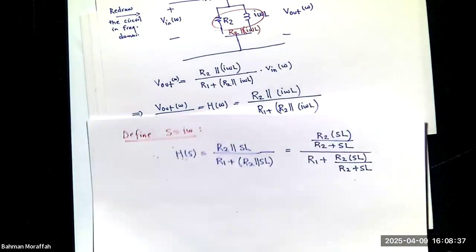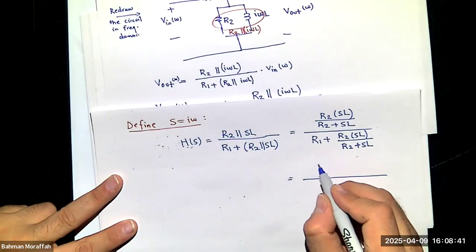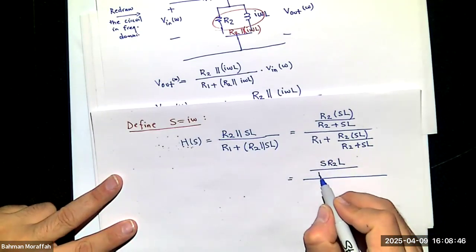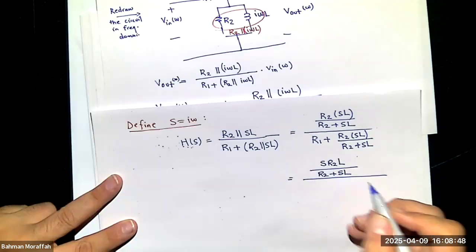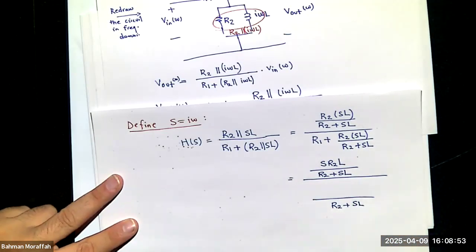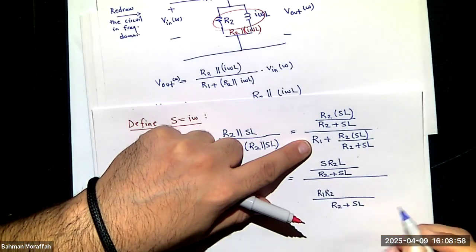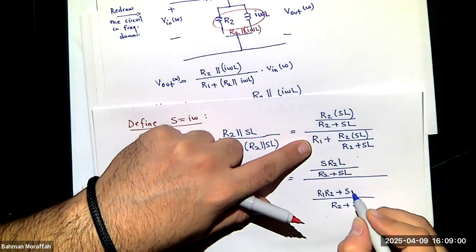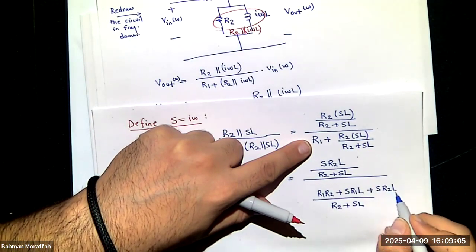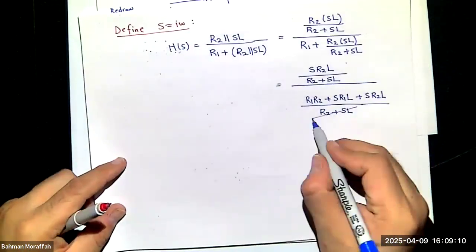Let's simplify it a little bit. I have s R2 L divided by R2 plus sL. I'm going to find a common denominator here, which is R2 plus sL. This one becomes R1 R2 plus s R1 L plus s R2 L. This and this cancel.